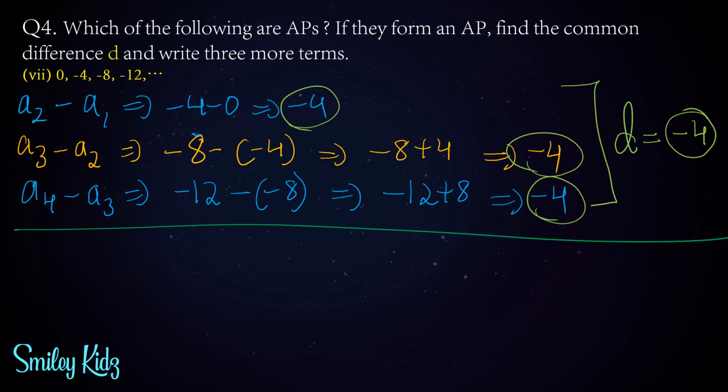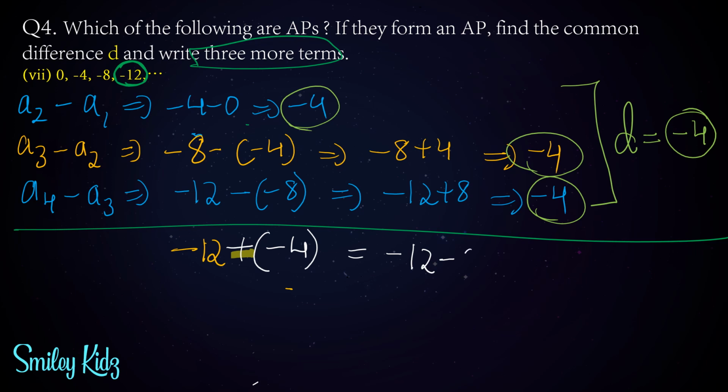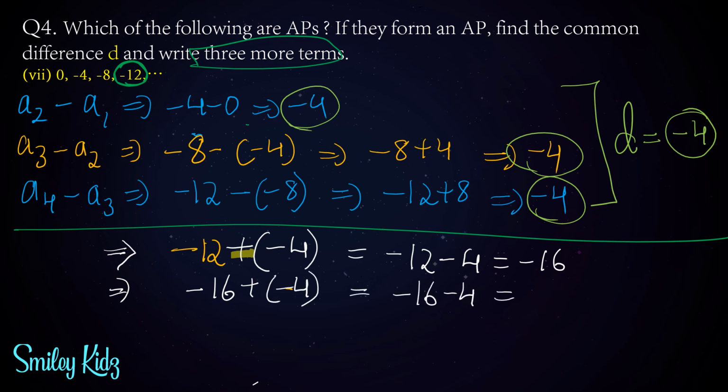Now when we know the common difference, it's easy to find the next three terms, right? You're going to just add minus 4 to the last term, which is minus 12. So minus 12 plus of minus 4 will give you the next term, which is minus 16. Then minus 16 plus of minus 4, which is minus 16 minus 4, which is minus 20.